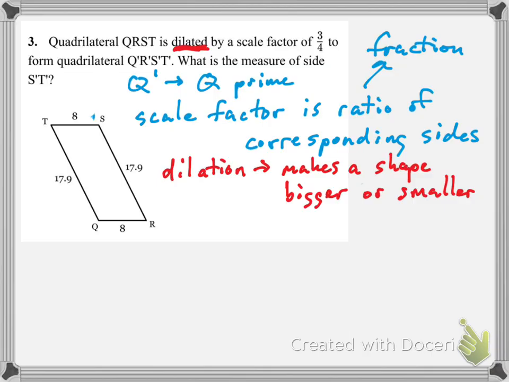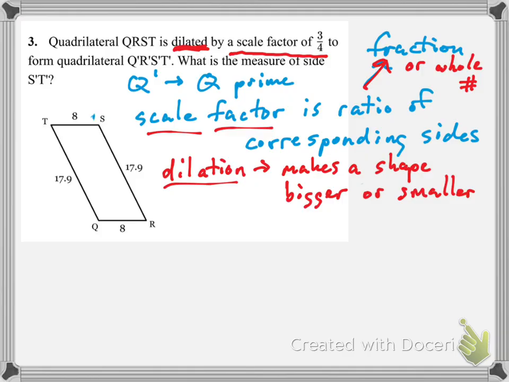It's dilated by a scale factor of 3/4. So what is a scale factor? A scale factor is the ratio of the corresponding sides. That means it's going to be a fraction. It could also be a whole number.